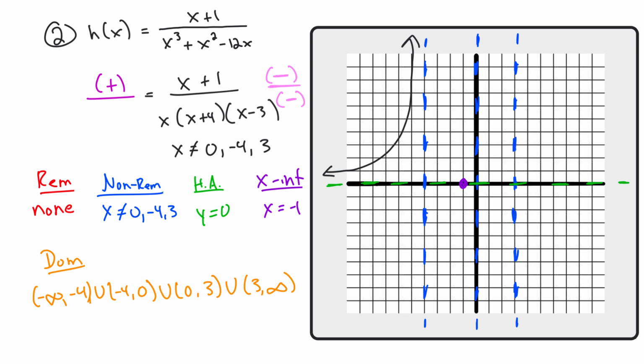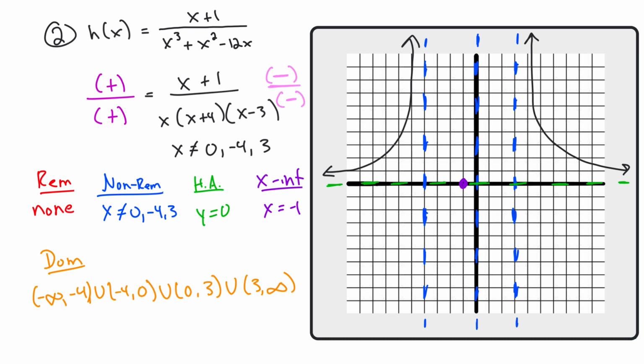Divided by, this will be positive, this will be positive, this will be positive. Positive times a positive times a positive is positive. Positive divided by positive is positive. Therefore, on this side of the asymptote, it's going to have a positive y value, which means we're above it. So it is going to stay above the asymptote.